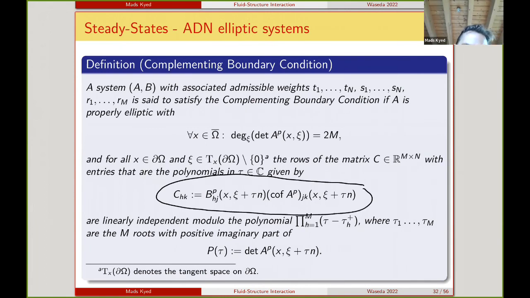But in the paper of Agmon-Douglis-Nirenberg, they don't say cofactor matrix, they say adjoint matrix, because in the old days, back in the 50s, the adjoint matrix was the cofactor matrix.